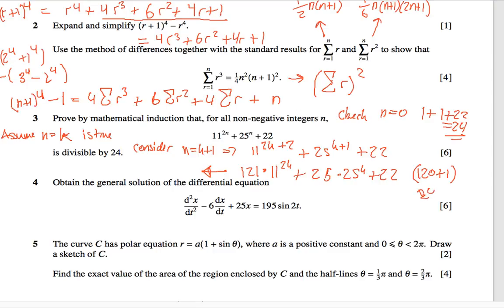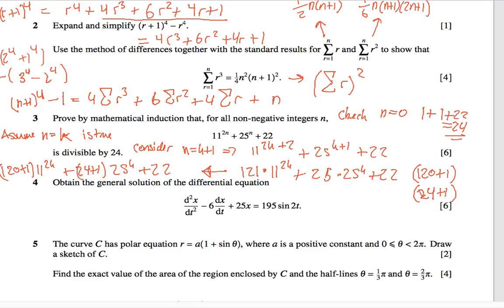And the reason why we've done this is because 120 and 24 are both numbers that are divisible by 24. So 120 plus 1 times 11 to the 2k plus 24 plus 1 times 25 to the k, plus 22.